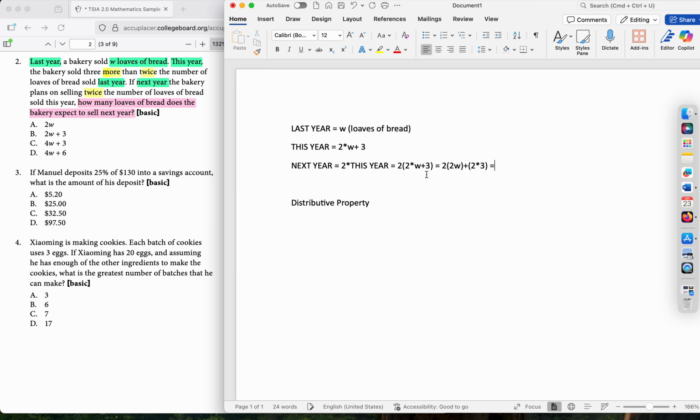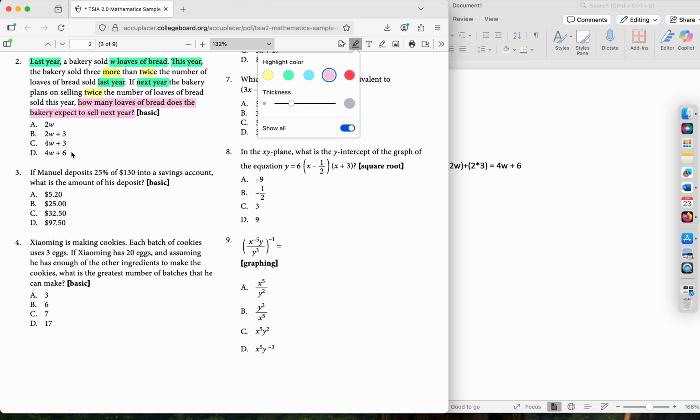So when we multiply 2 times 2W, we get 4W, right? We're multiplying the coefficients, or the number up front. And then we want to multiply 2 and 3. That'll give us 6. So the amount of bread they expect to sell next year is going to be 4W plus 6. And so 4W plus 6 is going to be our answer.